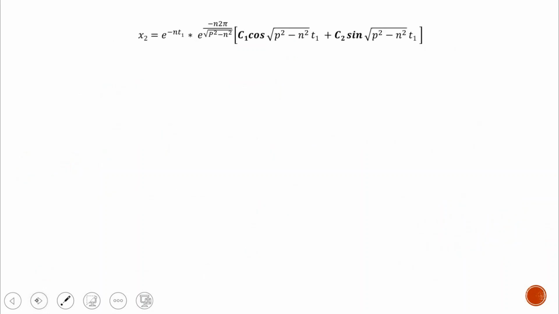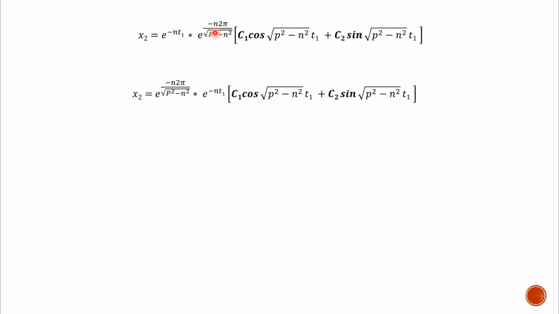Okay, so for the x2 equation, I'm just taking this into here and rearranging these two terms. Then x2 will become e raised to minus n 2 pi by root p square minus n square into e raised to minus n t1 into c1 cos root p square minus n square t1 plus c2 sine root p square minus n square into t1.